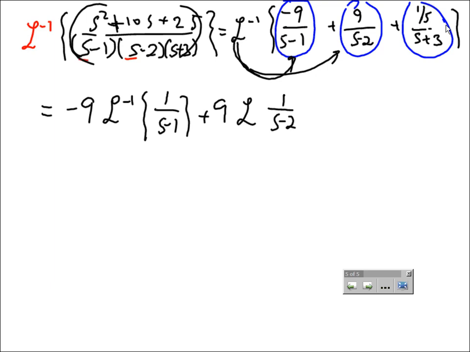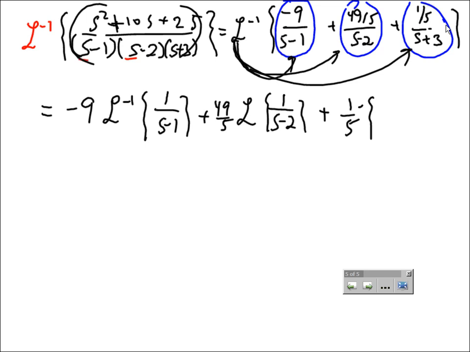Now, of course I don't buy that. B was 49/5. Plus 1/5 plus the inverse of that. So we can bring the 1/5 out.